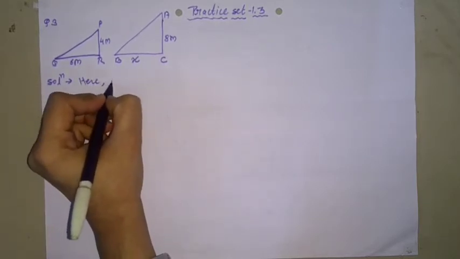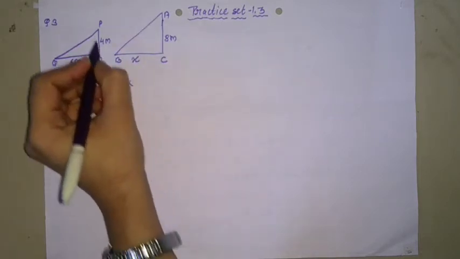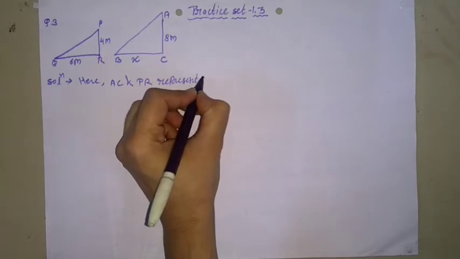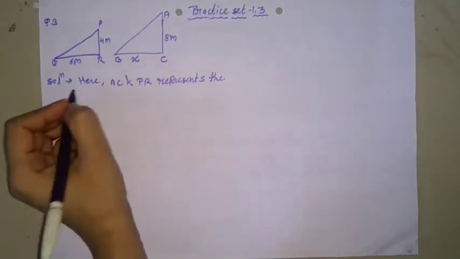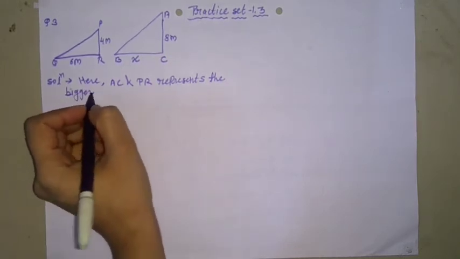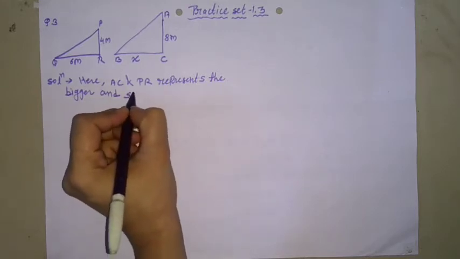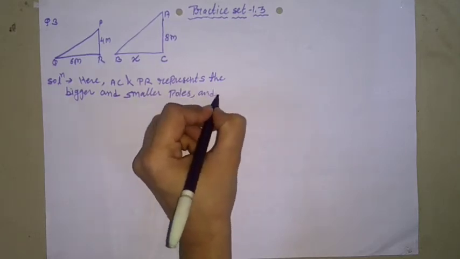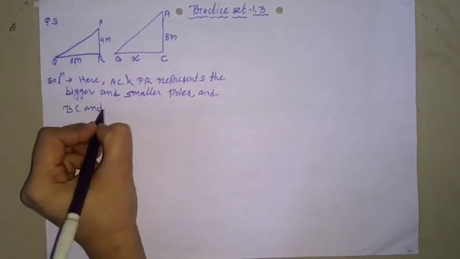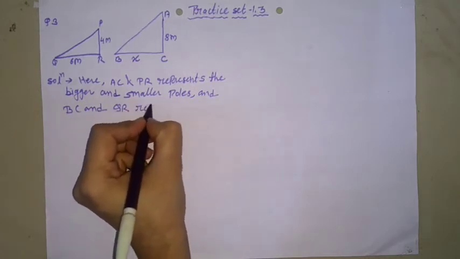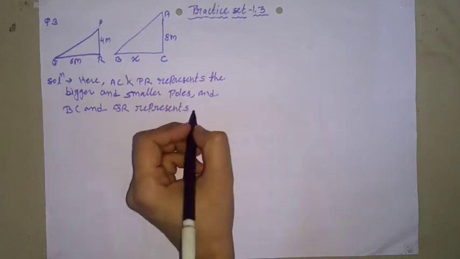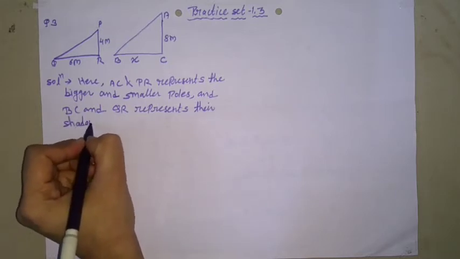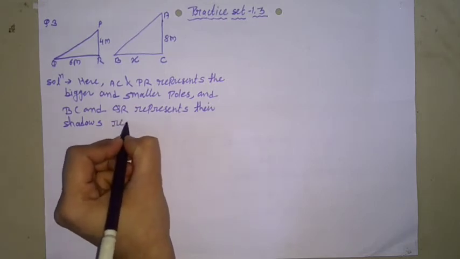Here AC and PR represent the bigger and smaller poles, and BC and QR represent their shadows respectively.